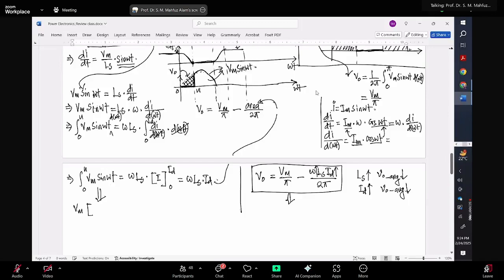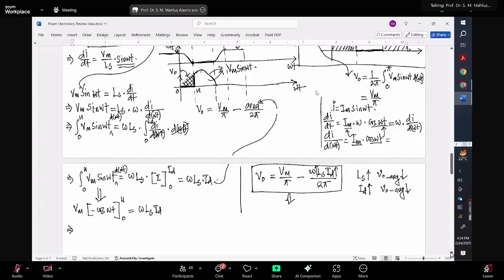Here you should have d of omega t. The integration of sine omega t would be minus cos omega t, right? And the upper limit should be u, and the lower limit is 0. And that should equal your omega Ls Id.